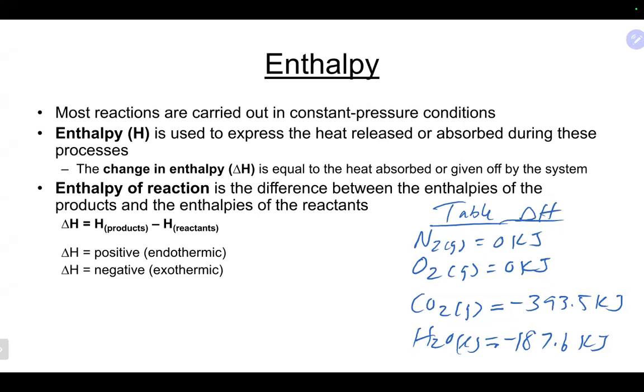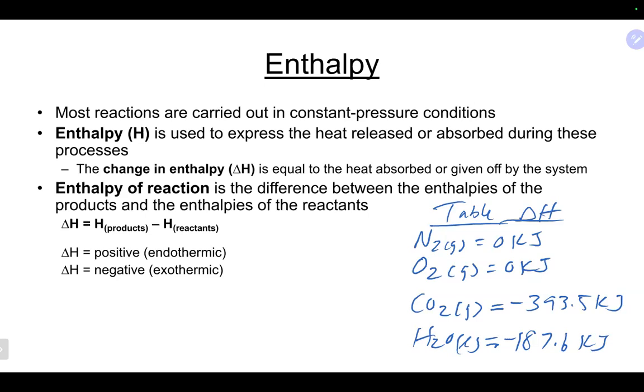So if it's a solid, a liquid, a gas, or something that's aqueous, they will have different values. The most common one that people screw up on is water, because you could find water in the liquid state, solid state, or gas state. People just go to the table, grab the first water that they see, and use it in the calculation. So always when you go to these types of tables, two things are really important: find what you're looking for, and also find it in the correct state.